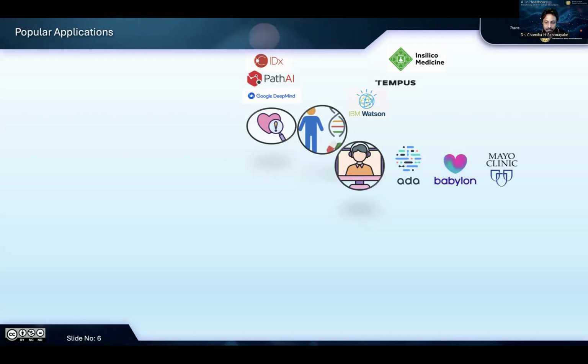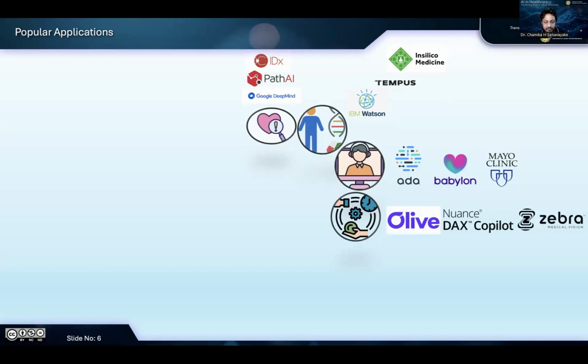They mostly support patient engagement, symptom checking, and telemedicine applications, like Ada Health, Babylon Health, and even the famous Mayo Clinic chatbot. When it comes to administrative efficiency, there are some products online called Olive AI, Nuance DAX, and Zebra Medical Vision, which deal with automating repetitive tasks like insurance claims and eligibility checks.